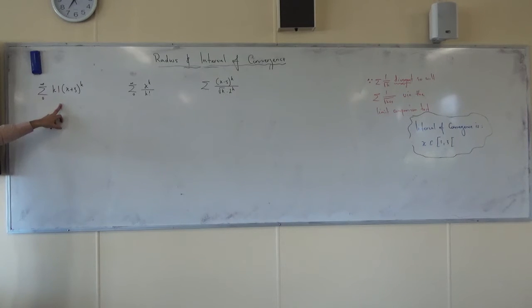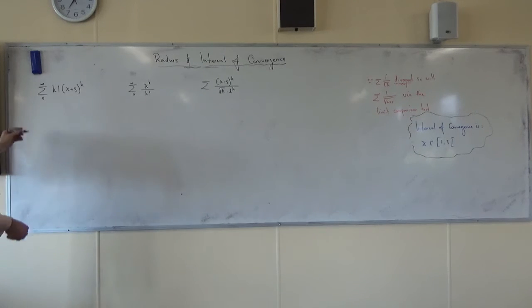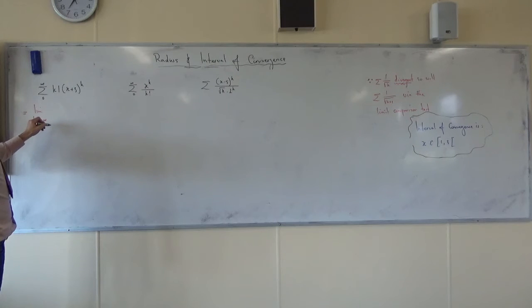What's my interval of convergence here, or what's my radius of convergence? Let's have a look. First step, what have I got to do? I've got to apply the ratio test, so let's do that. Can I write in red? Let's go. (k+1) factorial.